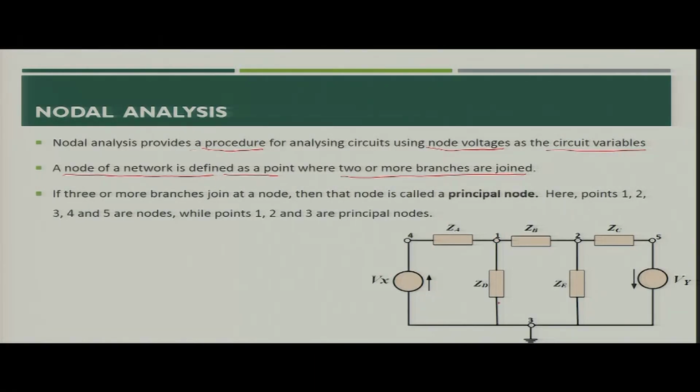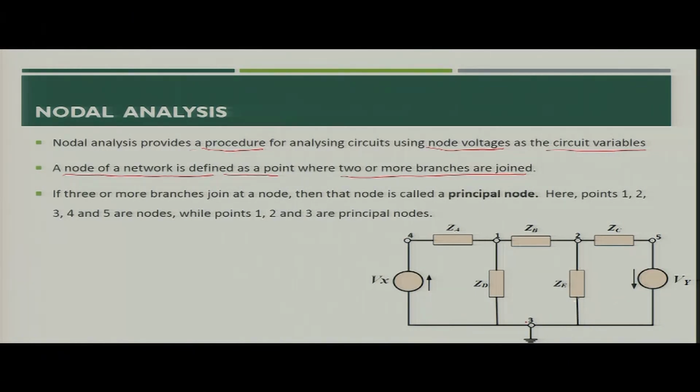Similarly, in node 1 you are joining ZD, ZA and ZB, so node 1 has 3 connections. Node 2 also has 3 connections, that is ZB, ZE, ZC. Node 5 has only 2 connections, that is ZC and VY.